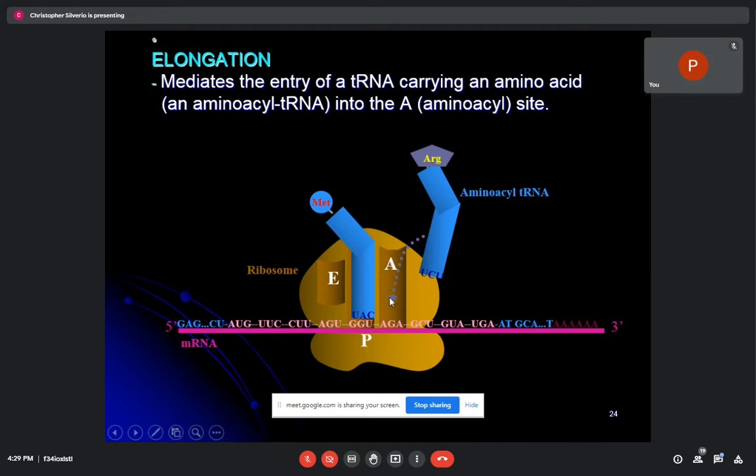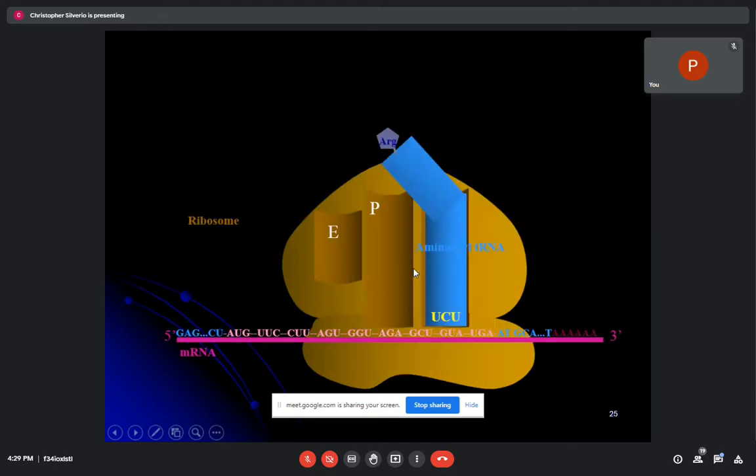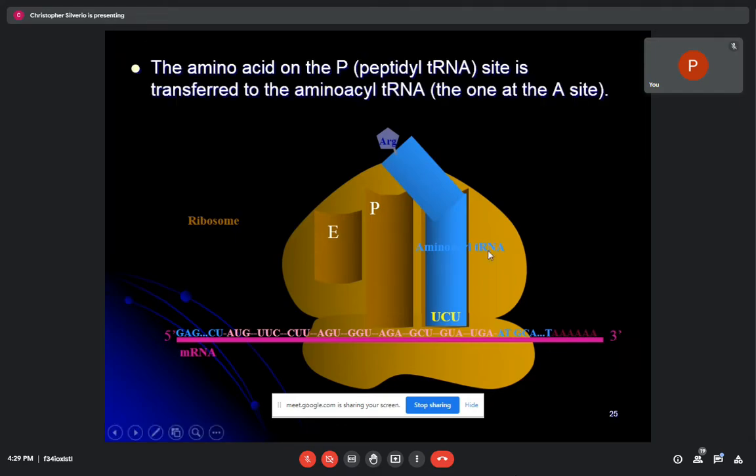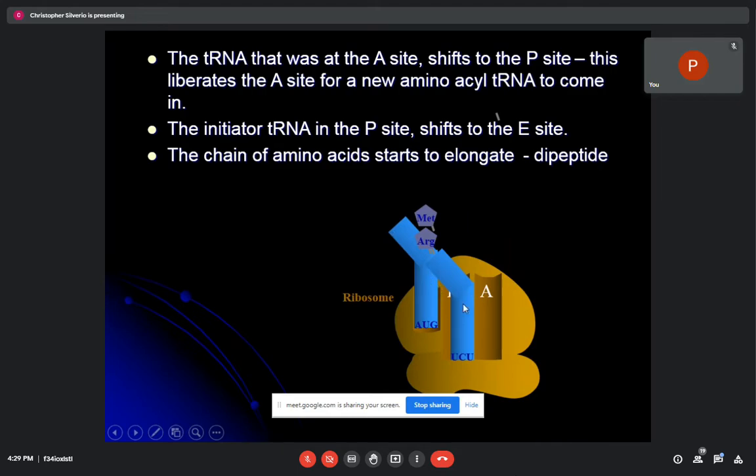And then what will happen to the methionine? It will be transferred to the E site.